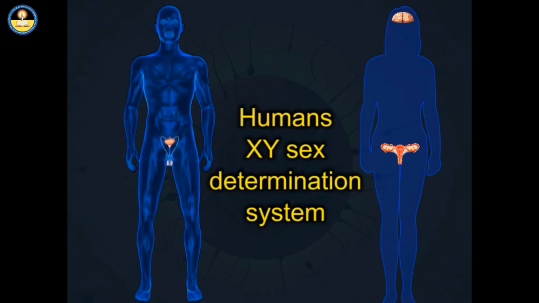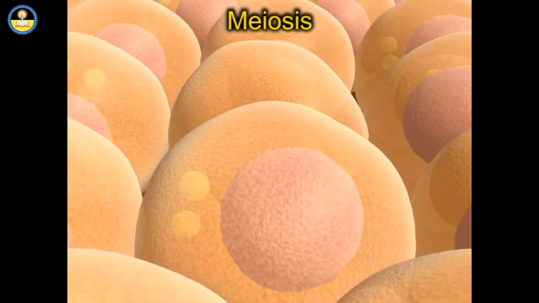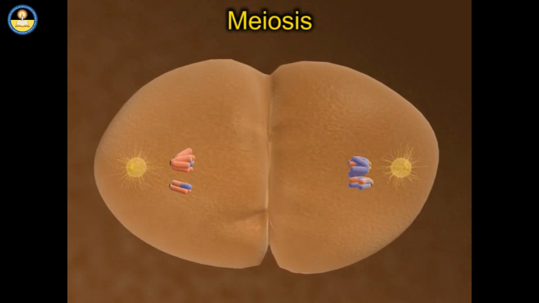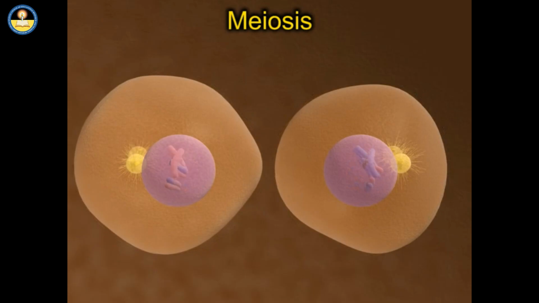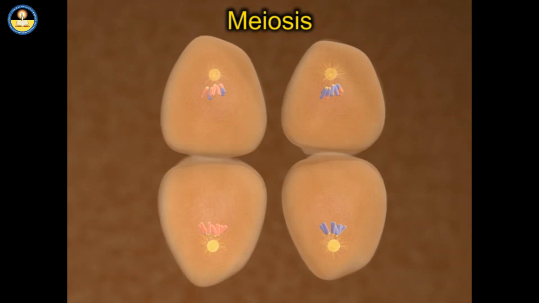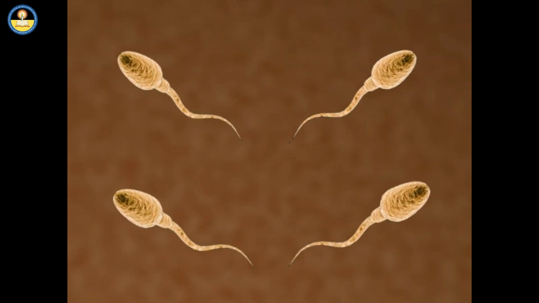Humans have the XY sex determination system. When meiosis takes place for the formation of gametes in a male, 2 types of male gametes, sperms, are produced, one with an X chromosome and the other with a Y chromosome.